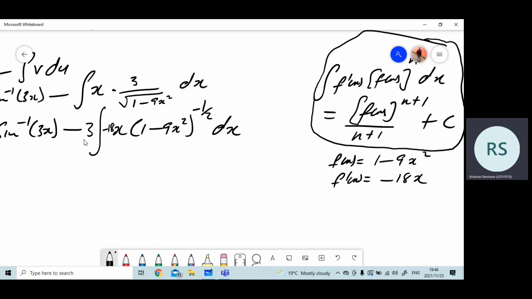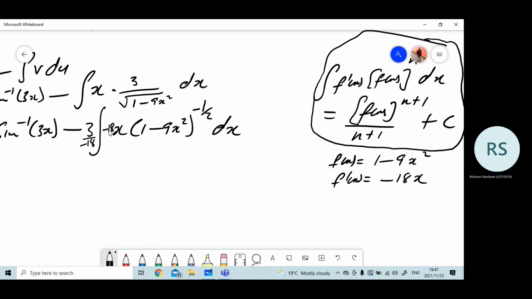If I introduce minus 18, I also need to divide by minus 18, okay? Because minus 18 divided by minus 18 is 1. It's like I didn't affect the value of the integral. This is math 1. I'm spending so much time interpreting this second part, but it helps you to revise math 1, okay?